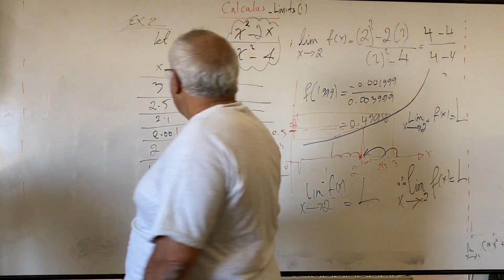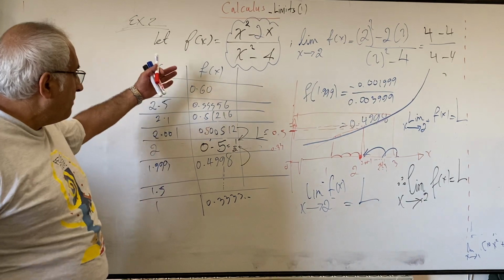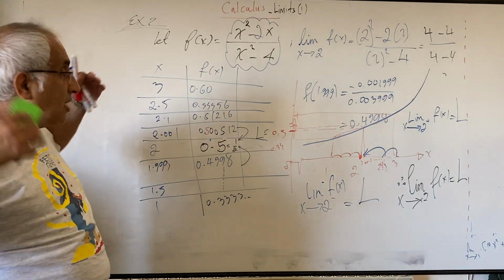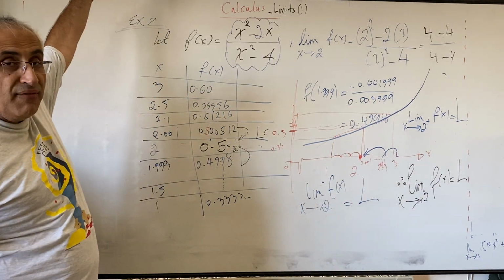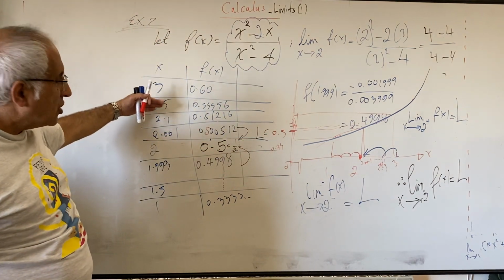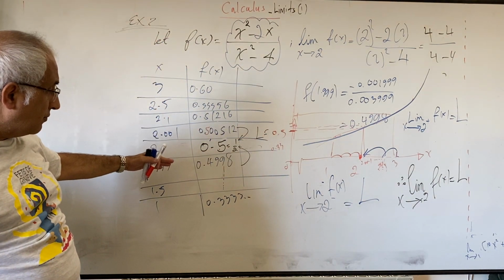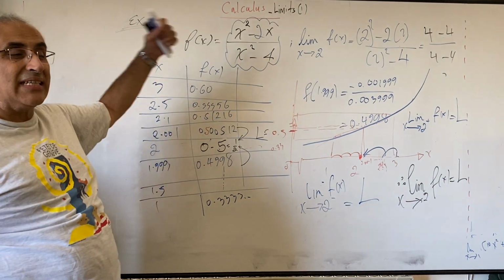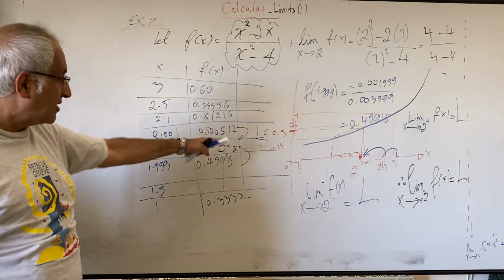Factorization. Remember, I've explained it to you by using a simple table to let you see that whenever you go to the right of the 2, coming so close and close to 2, the answer which wasn't existing, now exists. It's half.